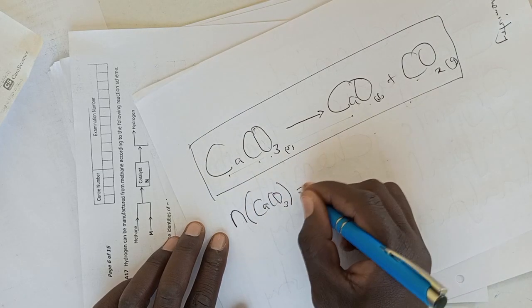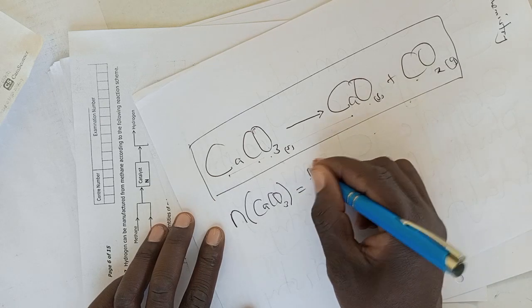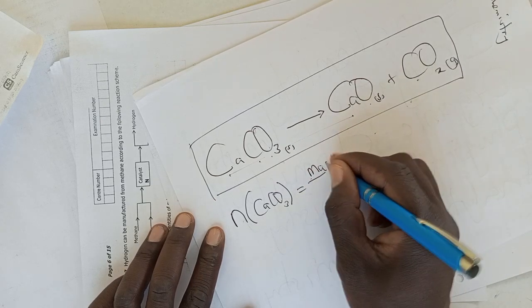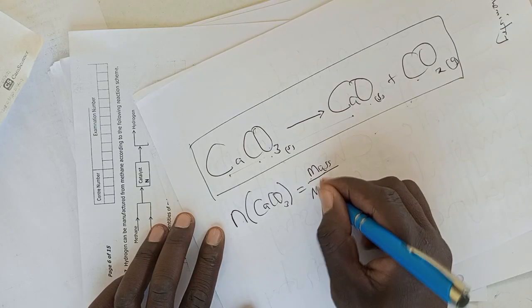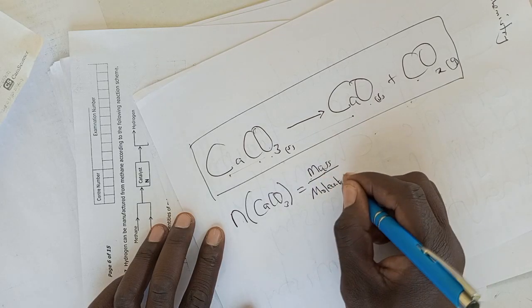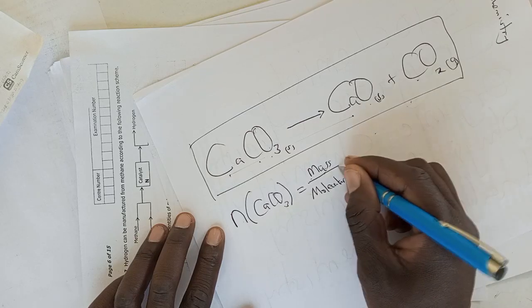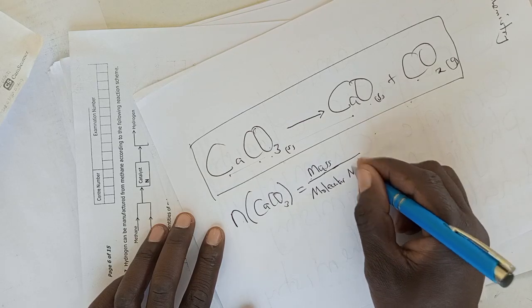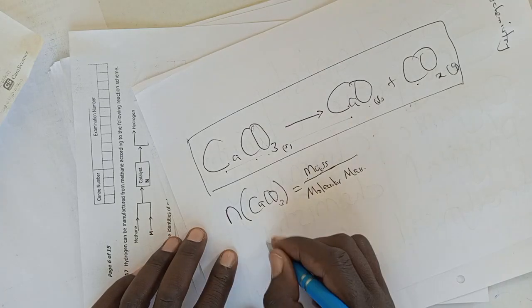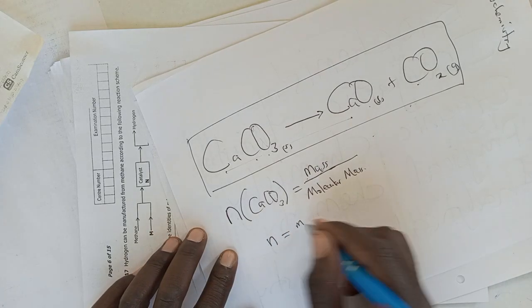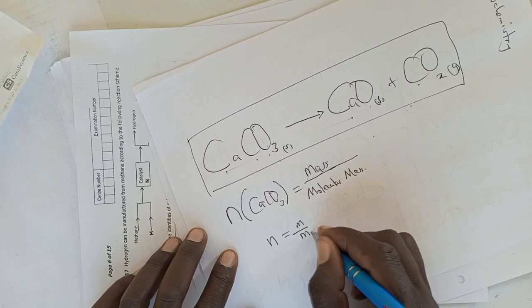It is mass over relative molecular mass, although in this case it's relative formula mass, but we use these interchangeably. So the formula is number of moles is equal to mass over Mr.